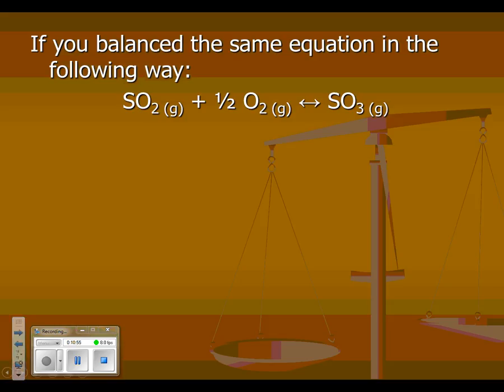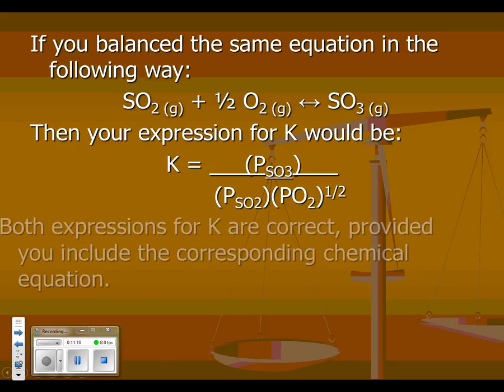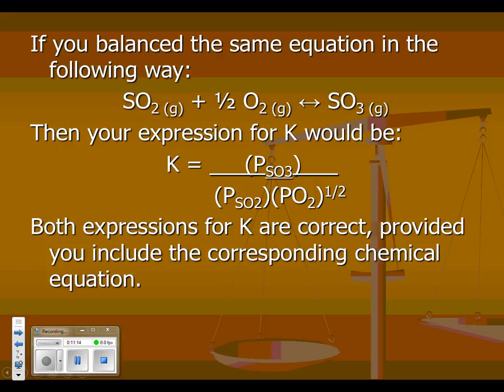So I could balance it this way. If they said I only had one SO2, I'd need to figure out what the equation was balanced with just one SO2. So then I would use the half. And since I use the half, the K would be a little bit different. Okay, both expressions for K are correct. Both will provide you the right K.